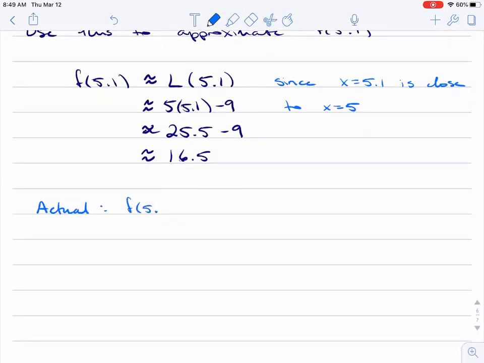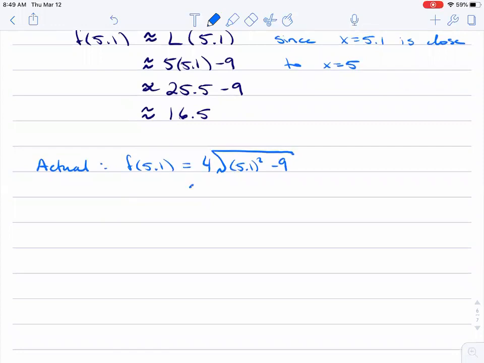f of 5.1 is 4 times the root of 5.1 squared minus 9, which if we do this on our calculator, right, we get 5.1 squared minus 9, square root, that times 4.